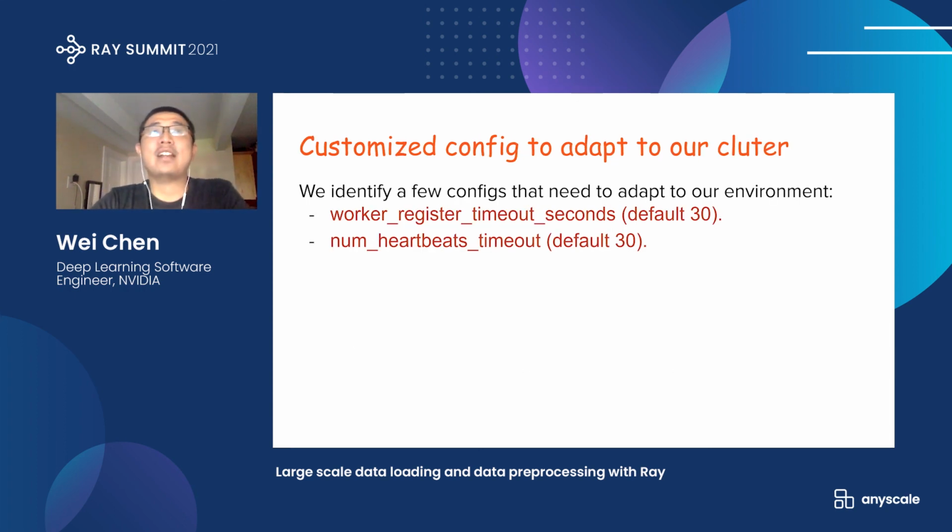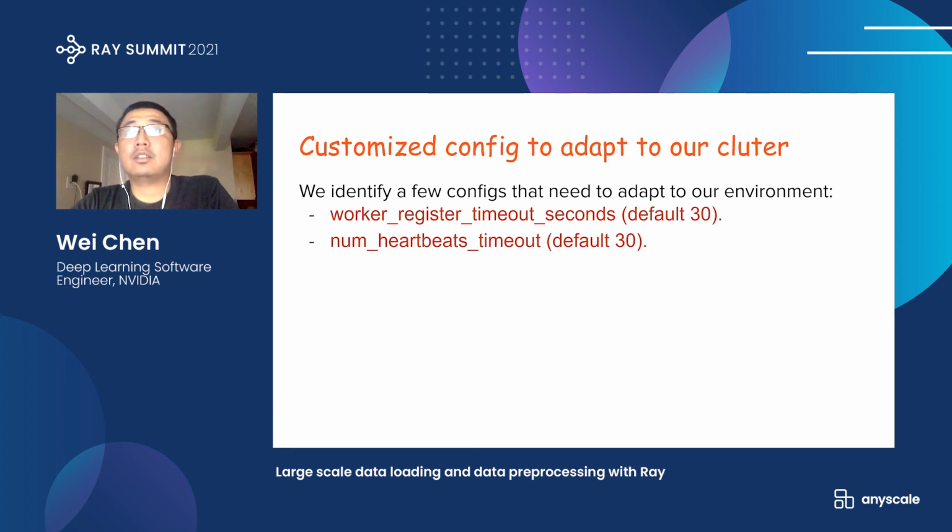The second lesson we learned is that we need some customized config to adapt to our cluster. We have Kubernetes clusters, and we are running Docker containers in them. We noticed that some default configs are not working in our environment. For example, the config called worker_register_timeout_seconds is the timeout for the raylet to bring up actors.